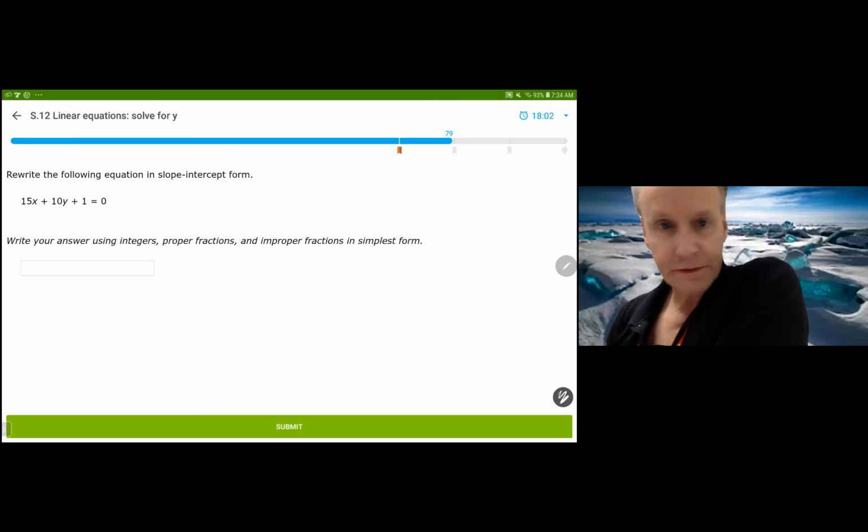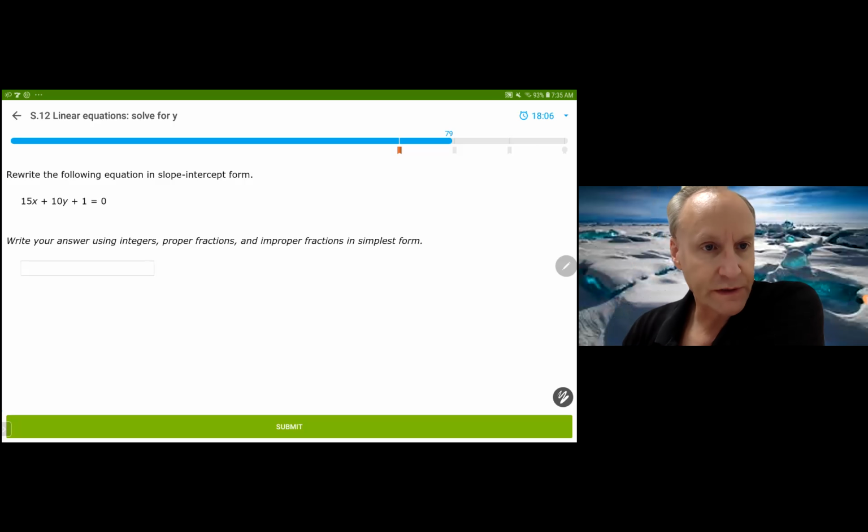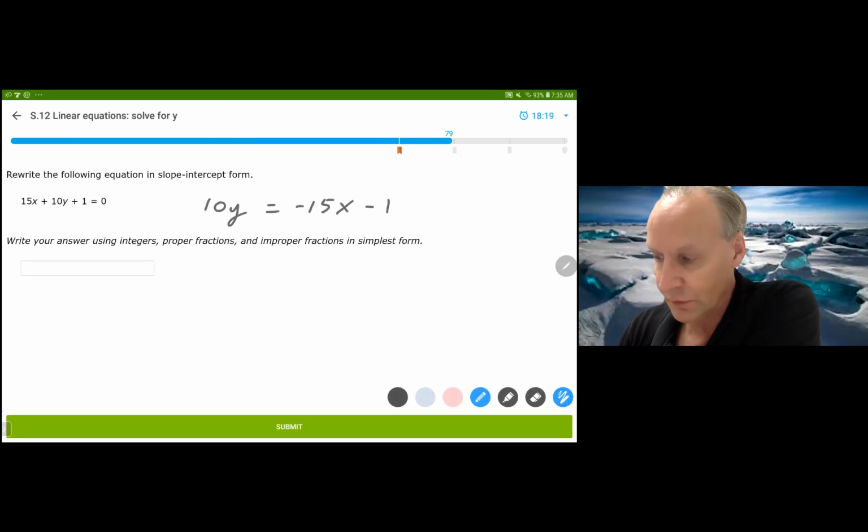Okay, so this one is in that other weird standard form. So we're going to get y by itself. So I'm going to have 10y all alone. What I'm going to do is subtract the 15x, which is going to give me negative 15x, and I'm going to subtract the 1 from both sides.